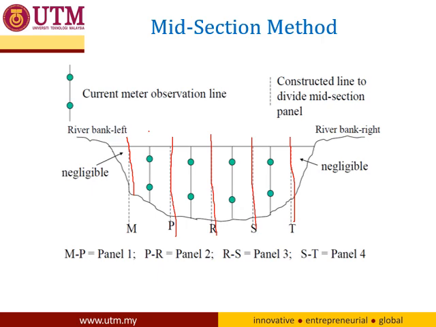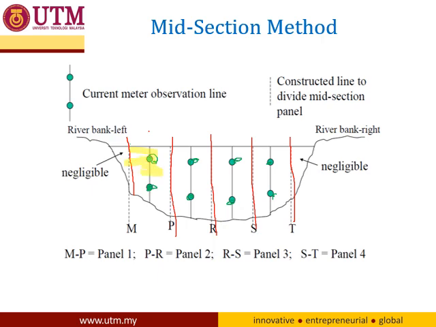This green dot is the current meter or the velocity measurement. This is a deep water river, so we measure 2 points. There are two things here. We need to know the cross section area.